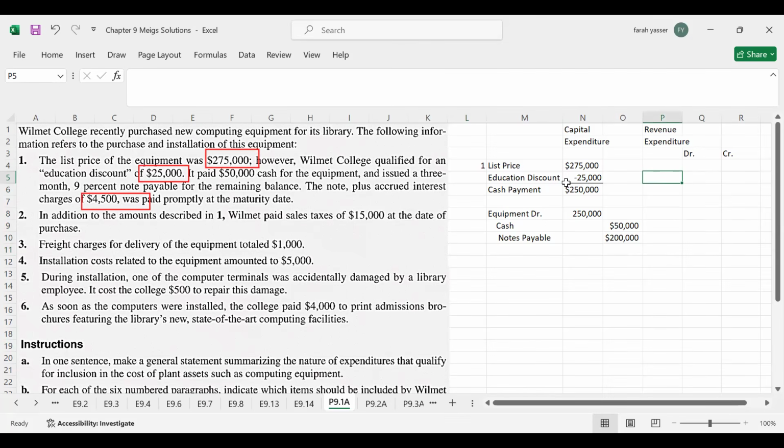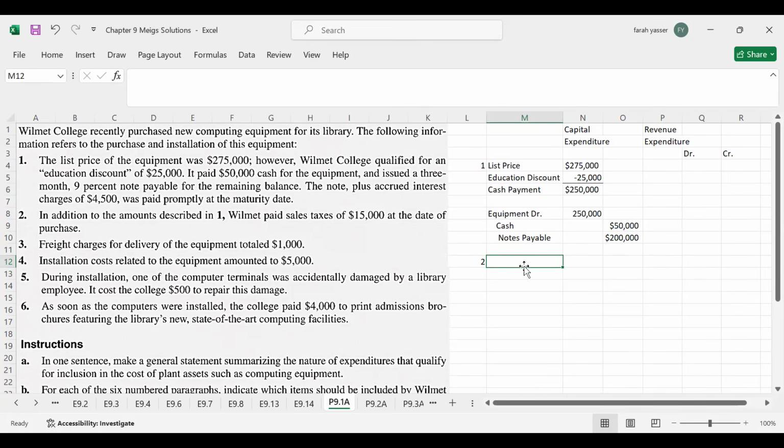In the next, second part, in addition to the amount described in part 1, Wilmot paid sales tax of 1500 at the date of purchase. So the sales tax is a mandatory tax. The company will have to pay that tax in order to acquire the asset.